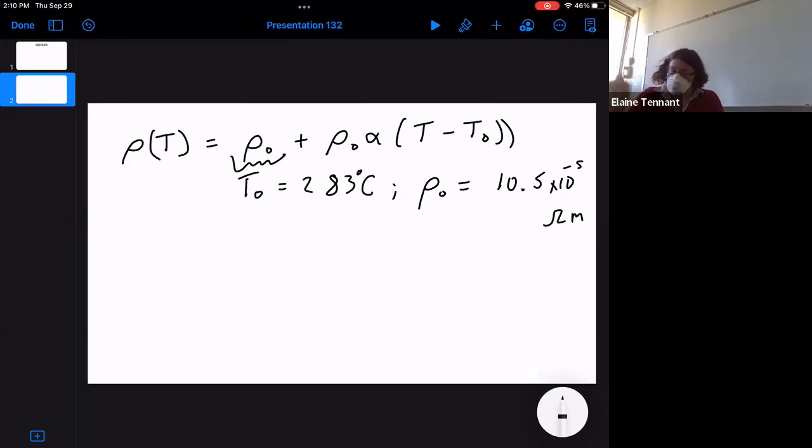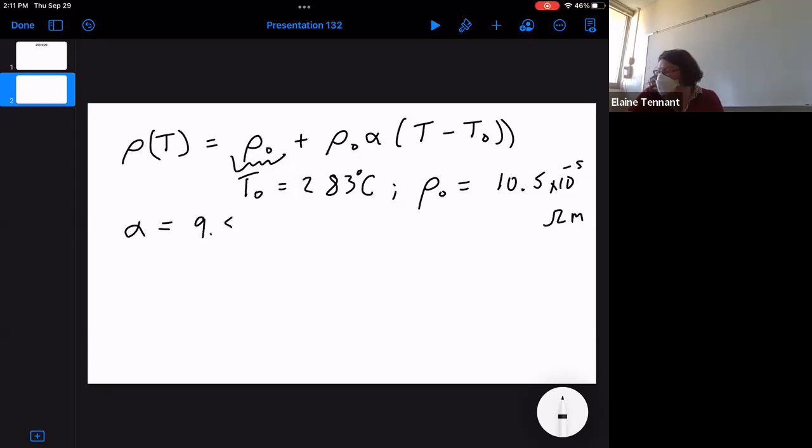Now, we're also given this alpha. And so basically this alpha is a coefficient that tells you how much your resistivity is going to increase per unit degree, like per unit Celsius.